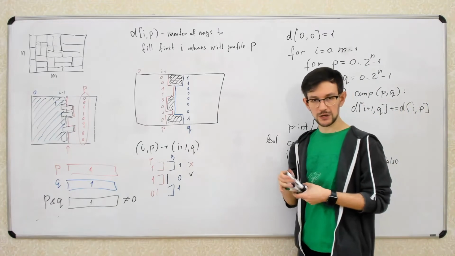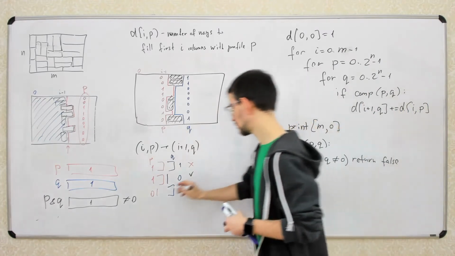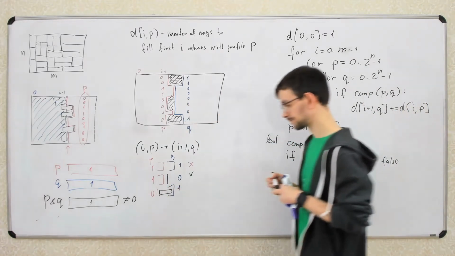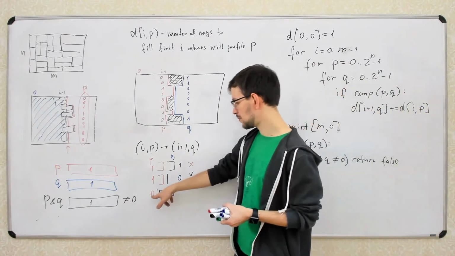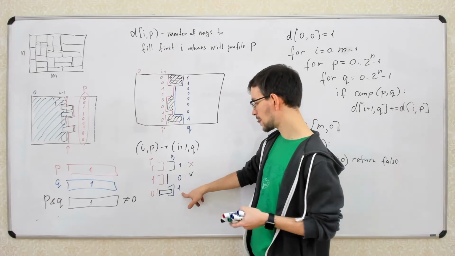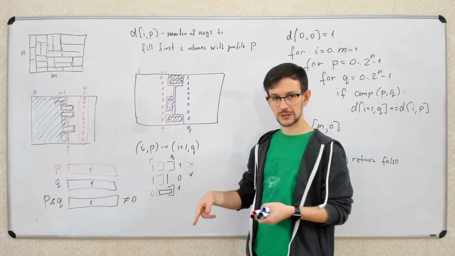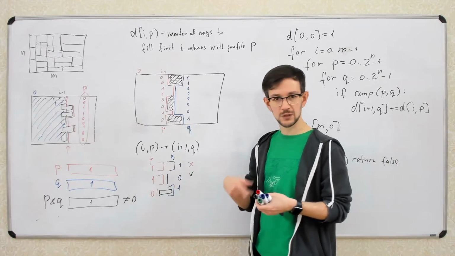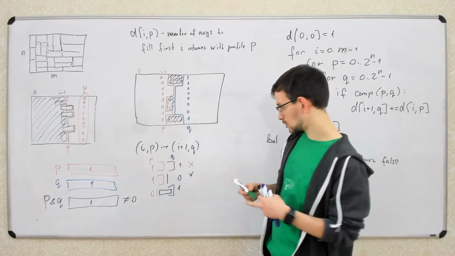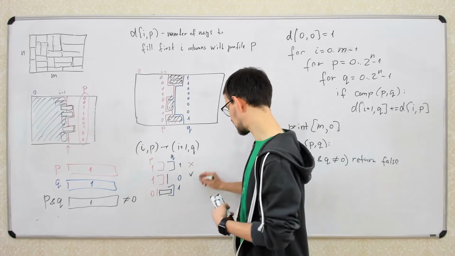It means that we need to place a horizontal tile here. It is always possible. If we have bit 0 here and bit 1 here, we can always place this horizontal tile and it's fine. It is the only way to get this bit equal to 1. So this combination is always fine.